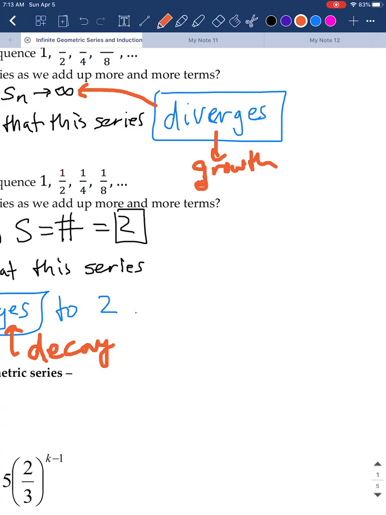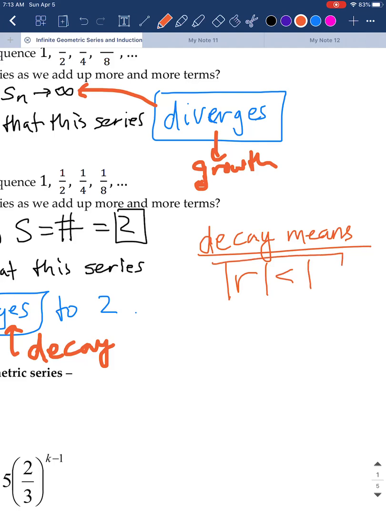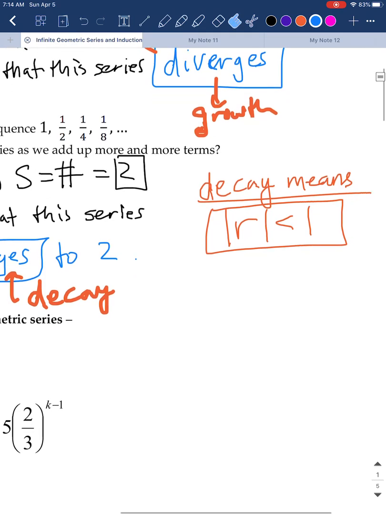And so we'll note that decay means that the absolute value of r, since we can have negative numbers, is less than 1. So we're going to have to guarantee that to be true in order for our convergence to occur.